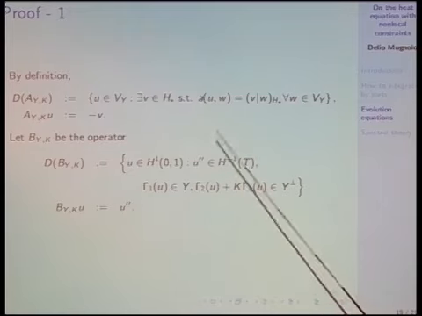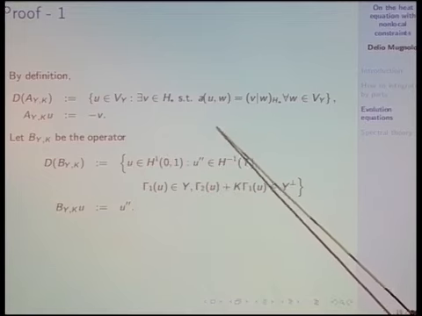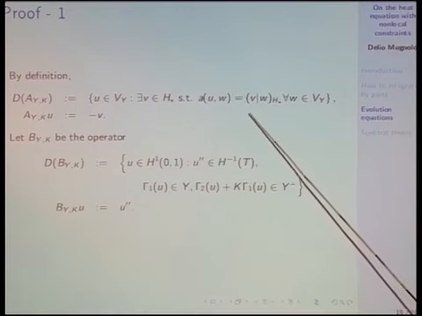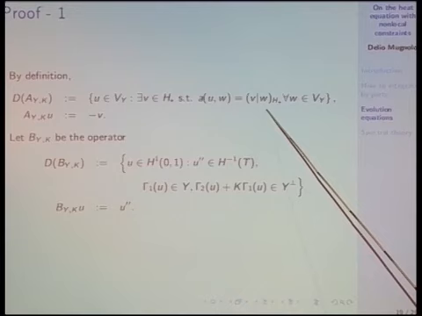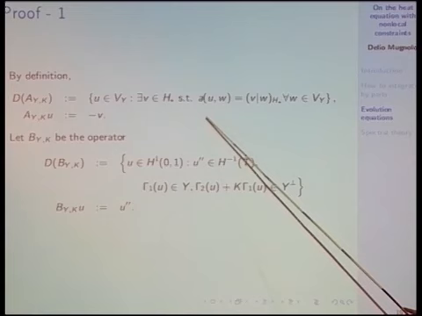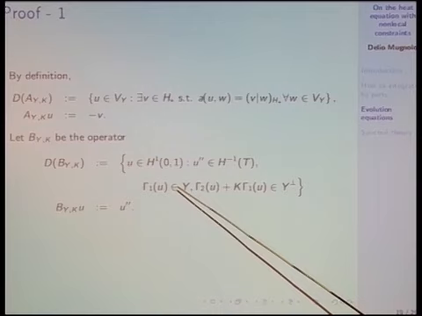So the operator associated with the form is defined like this. Basically, it's the operator for which a kind of integration by parts formula holds. And then you want to show that this operator has to agree with the operator I was writing down before.